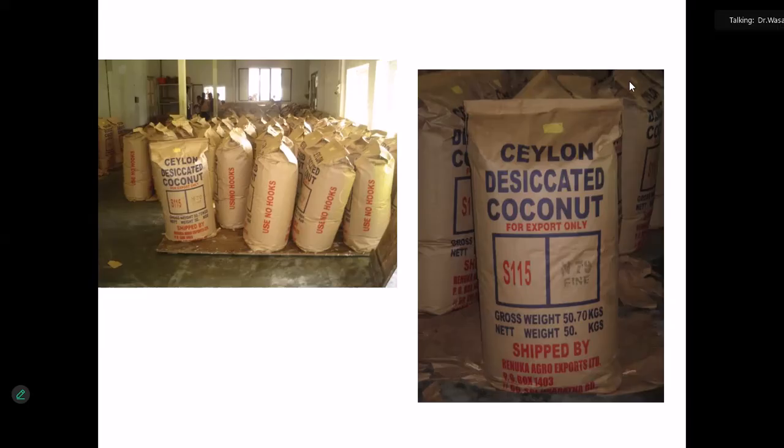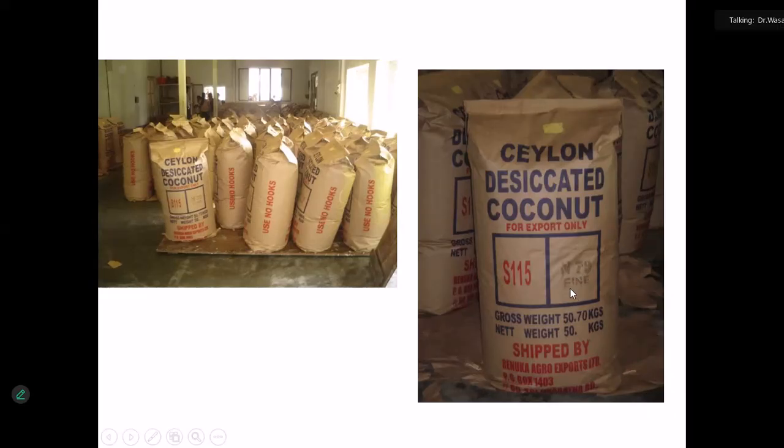Number 1, country of origin, Ceylon. Still we are using the name not Sri Lanka, but Ceylon. Ceylon tea, Ceylon DC, Ceylon desiccated coconut. Then some numbers are there. Here you can see M79. That is a factory number given by the Coconut Development Authority.